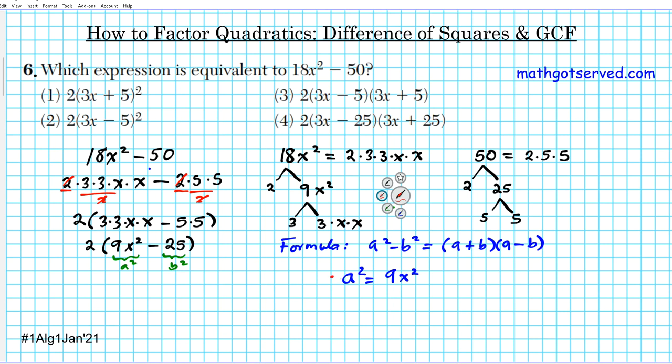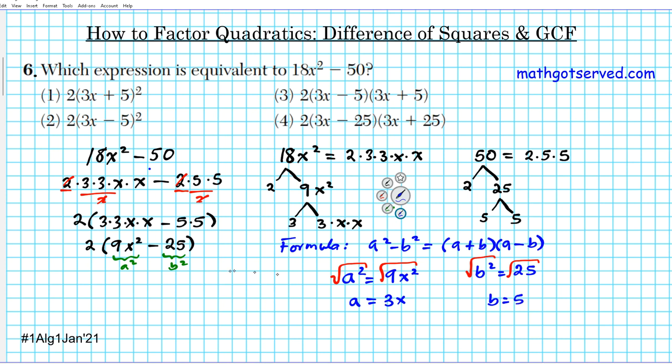So we're going to square root that, and then that will give us what? Well, that gives us a is the square root of 9, 3, times the square root of x squared, which is x. All right. And then the second term, b squared, is 25. So what is b? You just take the square root of both terms, right? B is 5.